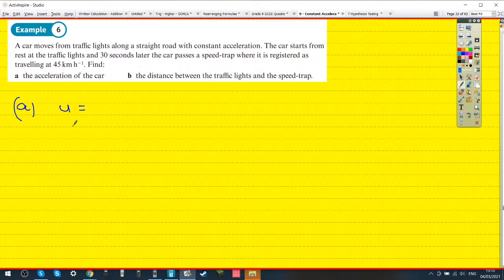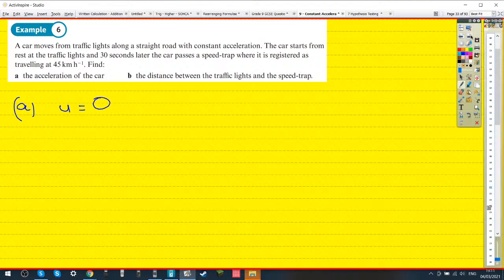So is u the initial velocity? Mm-hmm. 0. Yes, that's great. Just checking that.